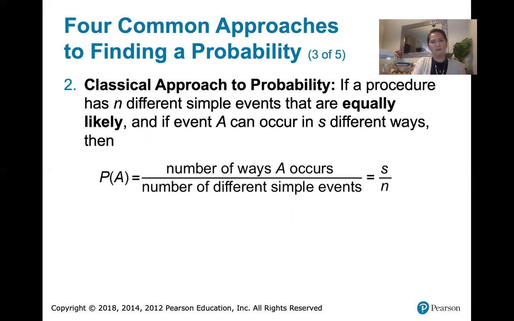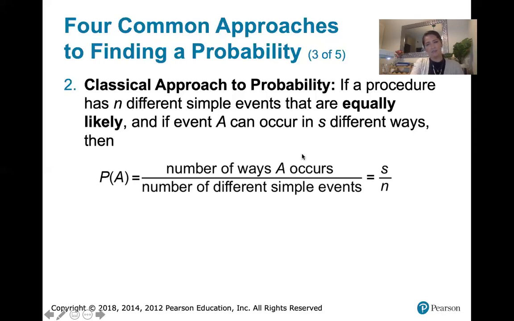This is the number of ways that A can occur out of the number of things that could happen, as opposed to the number of times that A did occur out of the number of times that the procedure was run, which was the relative frequency approach. But it seems very similar.